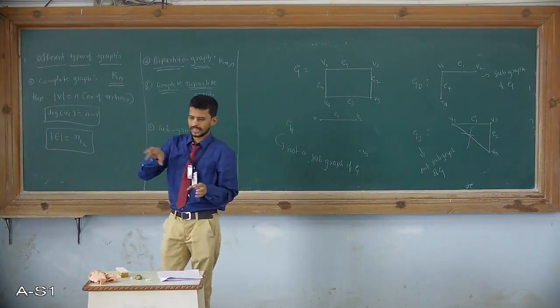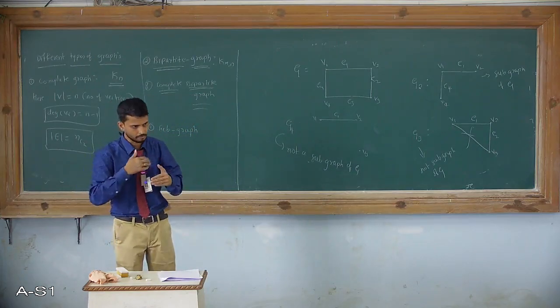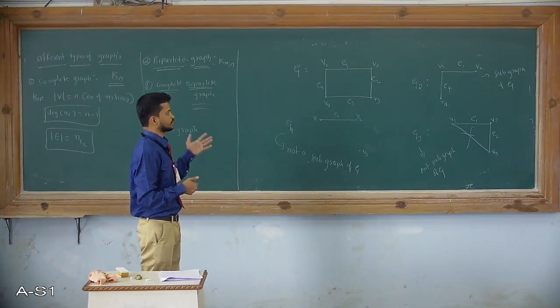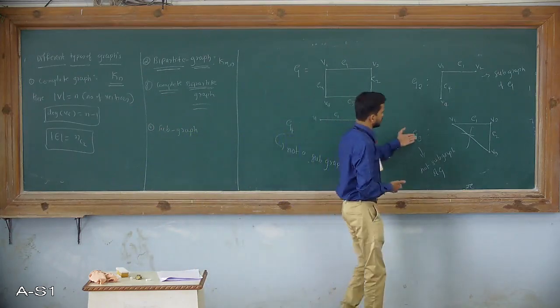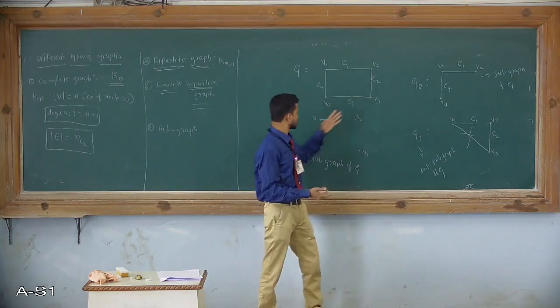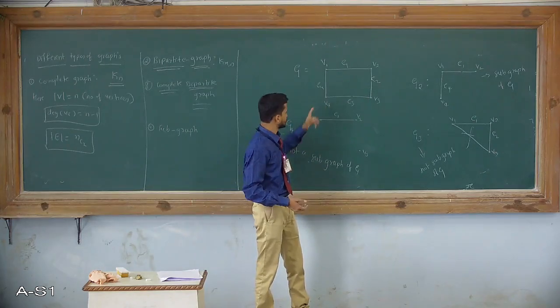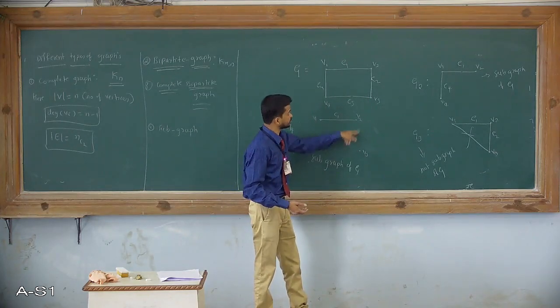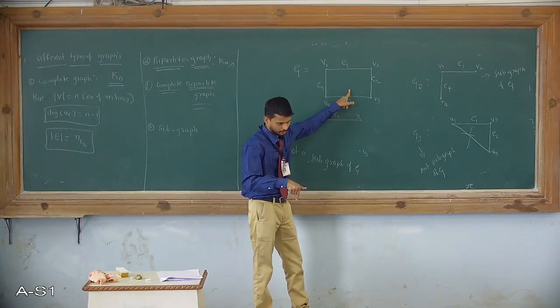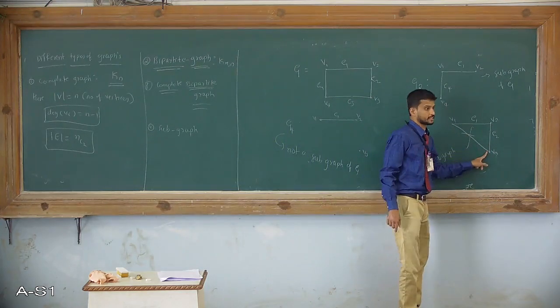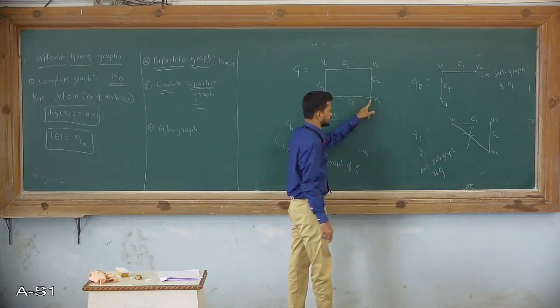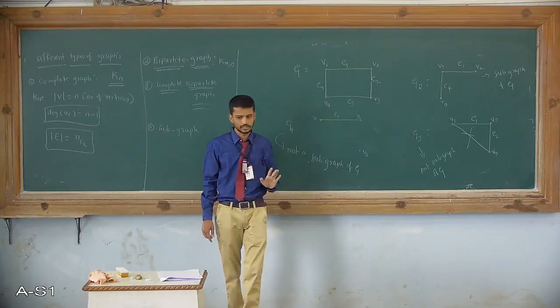If adjacency is preserved, then only can we say the obtained graph is a subgraph of the main graph. Here G4 is not a subgraph because V2, V3 are not connected here but are connected in the main graph. And here V1, V3 are connected, but V1, V3 are not connected in the main graph. So G3 is not a subgraph.